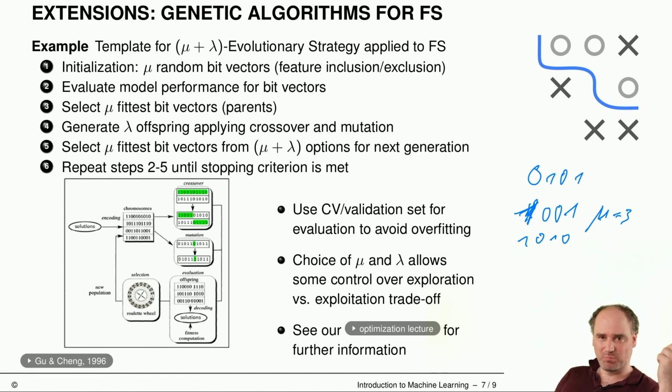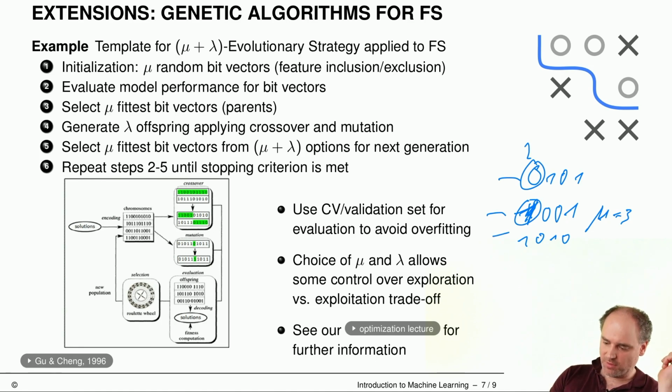For each bit, we would pick the bit from one of the parents with a 50-50 coin flip. So if I combine this guy with this guy, for the first feature I would flip a coin whether I take the 0 from this parent or the 1 from this parent. If they are the same, I don't really have a choice, I just copy over the bit.